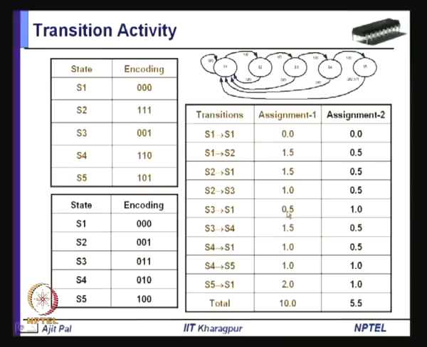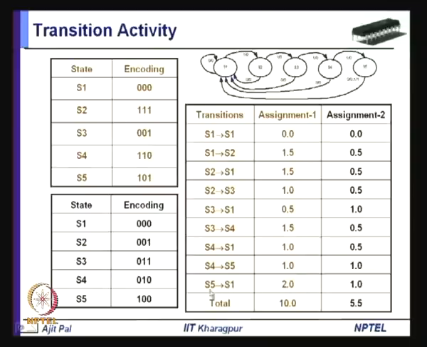So, it is 0.5, but here it is 2, so 0.5 into 2 is 1. S3 to S4, in this case the number of transitions is 3. So, 3 into 0.5 is 1.5, and in this way you can find out for all these transitions.